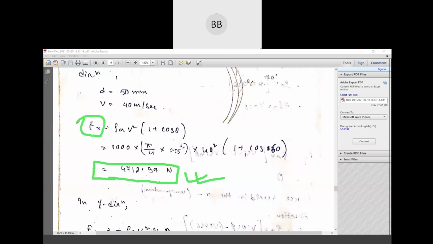Solve this F of x and see whether you are getting the same value or not.